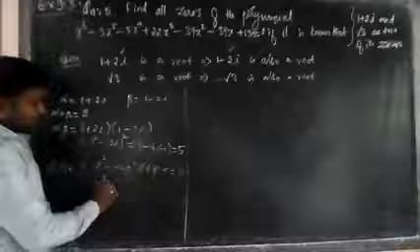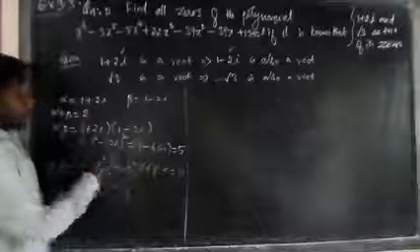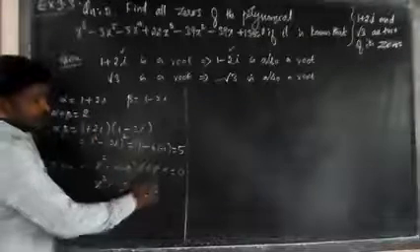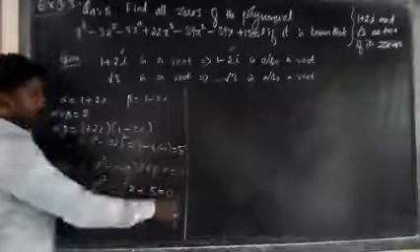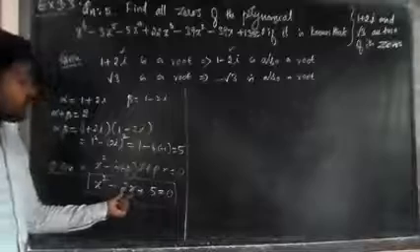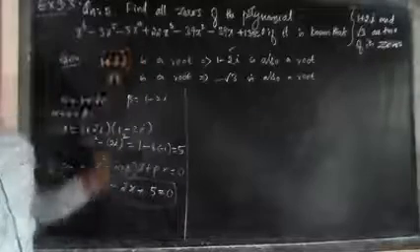Therefore the quadratic equation is x square minus 2x plus 5 equal to 0. This is a factor of the given polynomial.